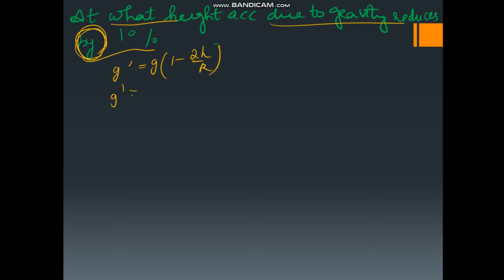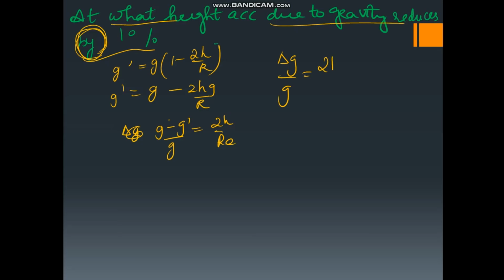So g dash is equal to g minus 2hg by R. If I do a few more steps, I get (g minus g dash) by g is equal to 2h by R, which is delta g by g is equal to 2h by R, at height h. Another application, at depth d, delta g by g is equal to d by R.